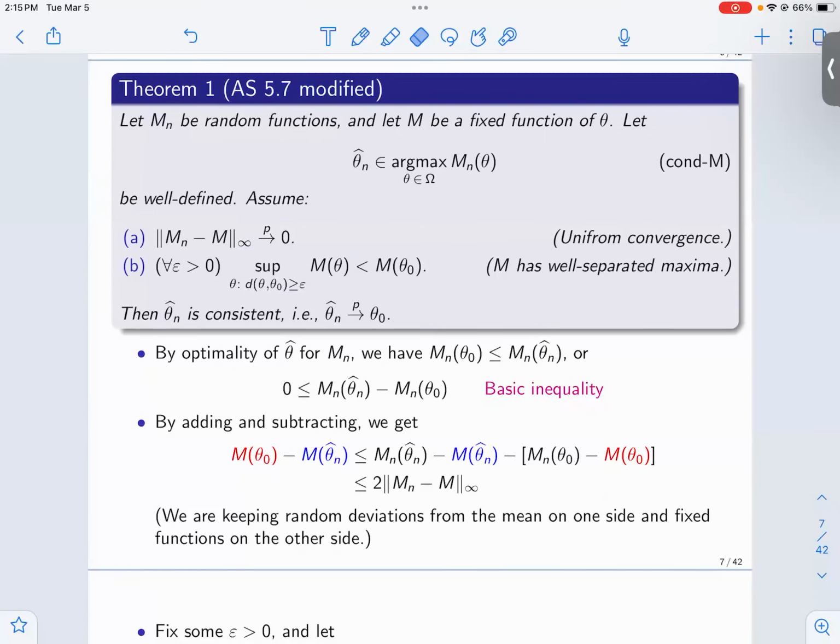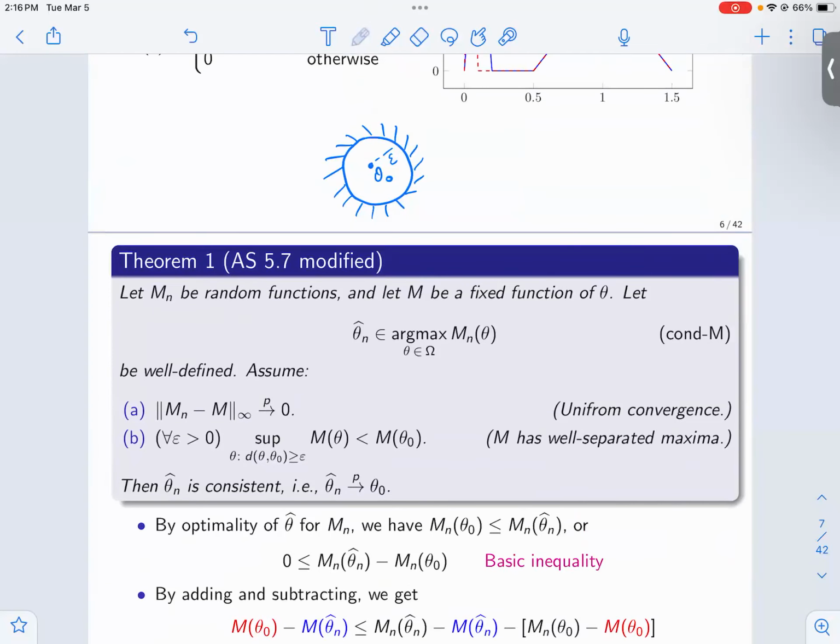In the case where the parameter space is compact, this is exactly equivalent to theta naught being the unique maximum. In the case where the parameter space is infinite, things could happen at infinity. So this is preventing that you have an asymptotic maximum at infinity which is not attained, where the function is maximum here and goes back up and approaches the maximum outside. So this prevents that from happening at infinity.